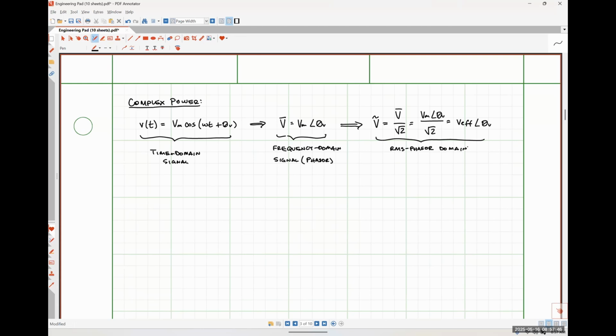So once again, I'm going to put a note here. Units are volts RMS.